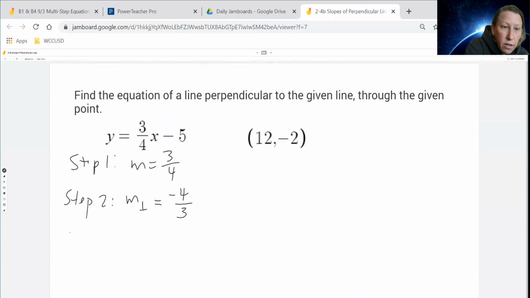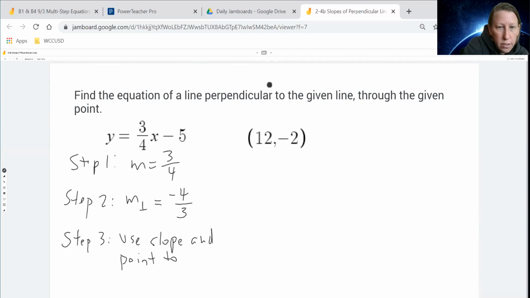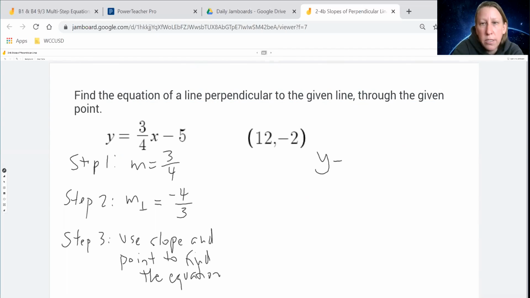Okay. Now I'm going to use the slope and point to find the equation. I'm going to stick with the y equals mx plus b strategy. The other way is just as good.